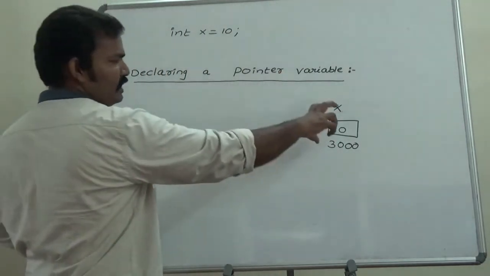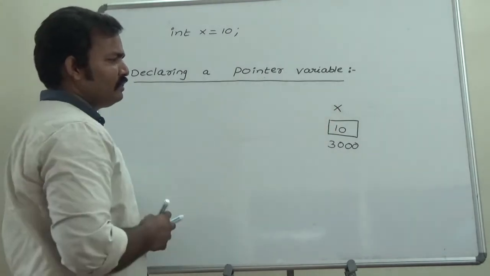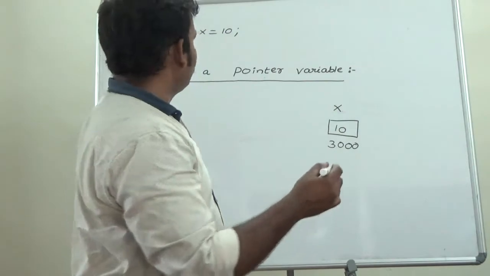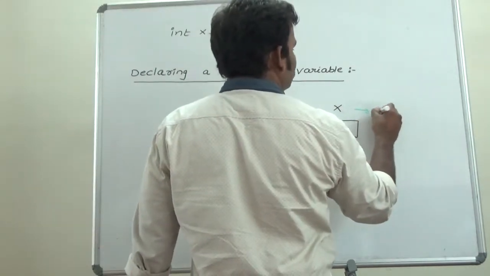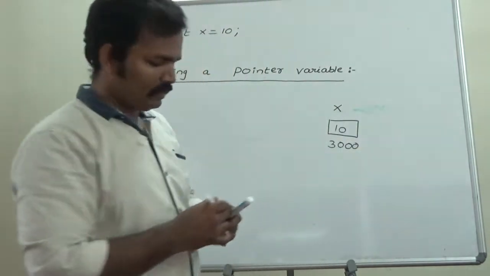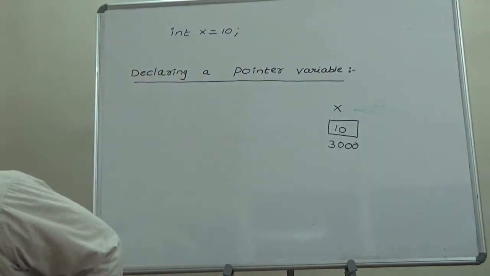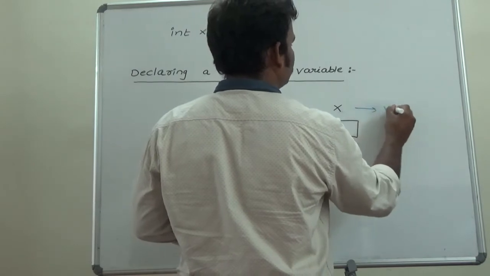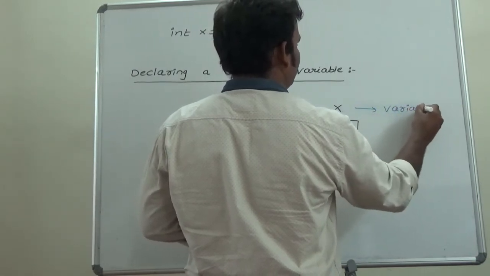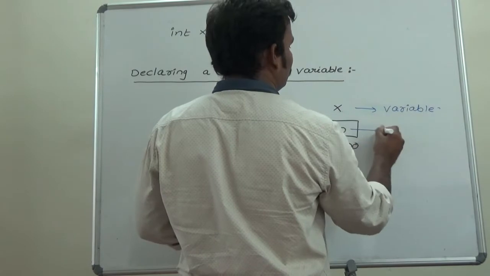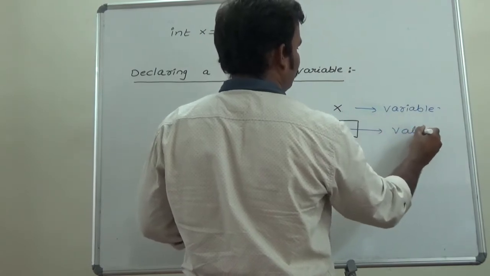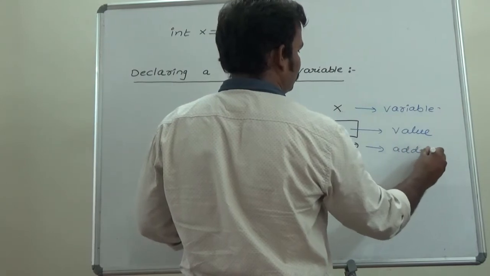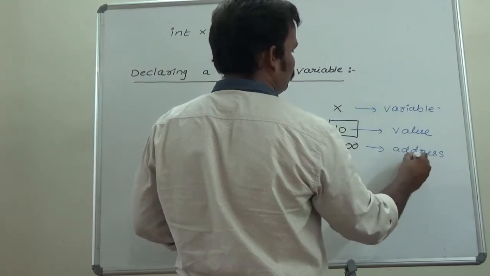The internal memory representation will be like this. X is a variable, 10 is the value, and 3000 is the address. This is the address of x.